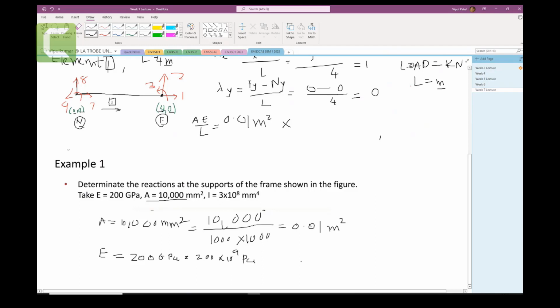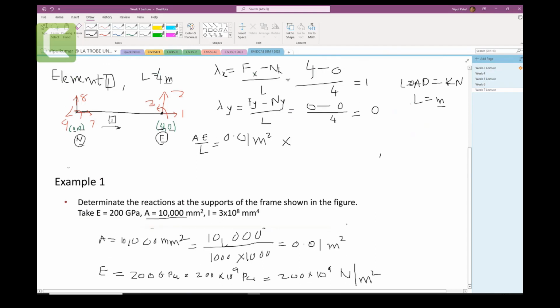Giga means 10 raised to power 9. 1 pascal is 1 Newton per meter square, so meter square is fine. We just need to convert into kilonewtons, or we can keep it in Newton per meter square. So let's keep it in Newton per meter square, and we can just convert the load into Newtons. 10 raised to power 9 Newton per meter square.